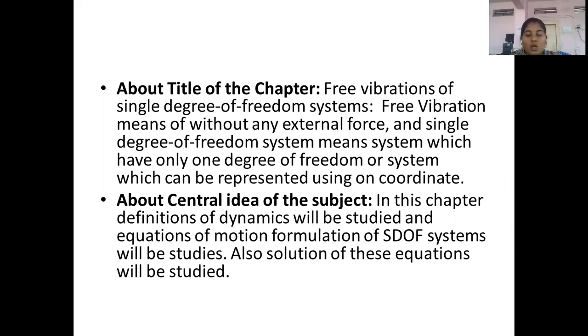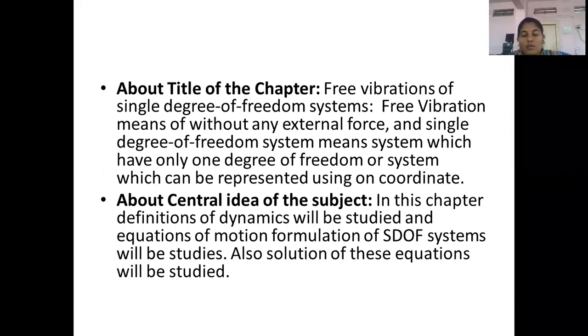And what is SDOF? A single degree of freedom system means the system which has only 1 degree of freedom, or the system which can be represented using one coordinate. SDOF म्हणजे काय?